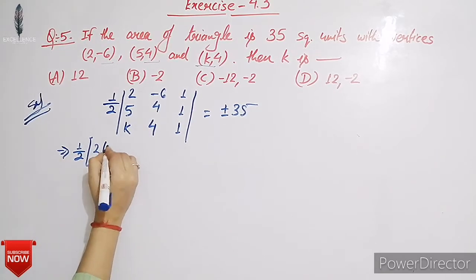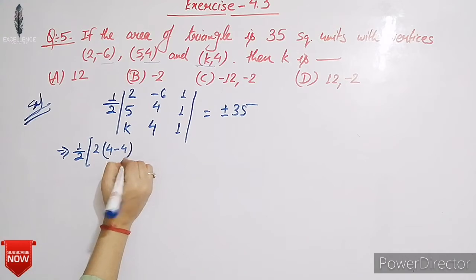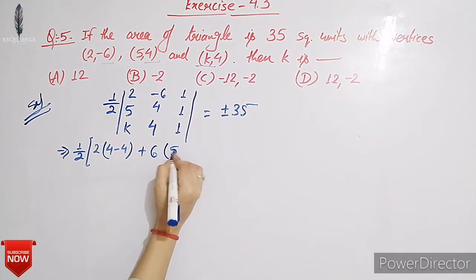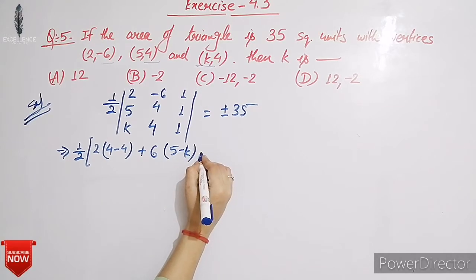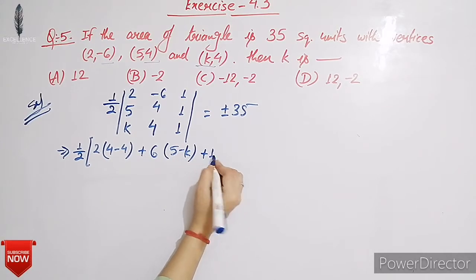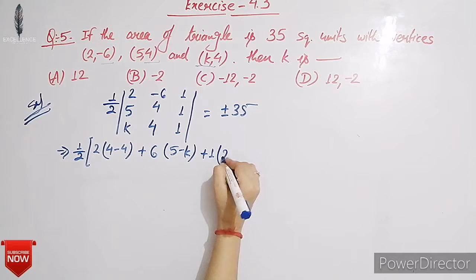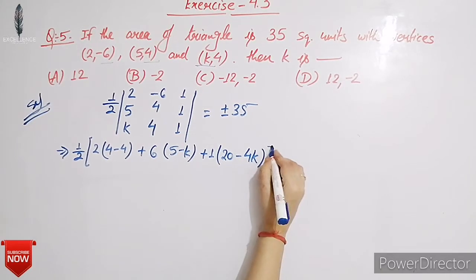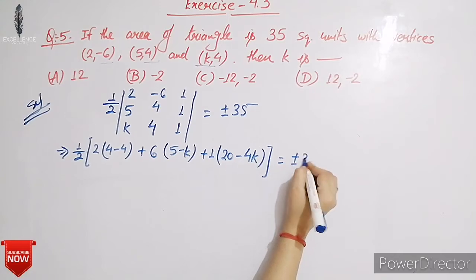So 1 by 2, on expanding we have 2 into (4 minus 4) minus 6 into (5 minus k) plus 1 into (20 minus 4k), equal to plus minus 35.